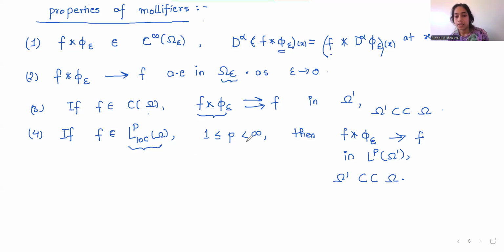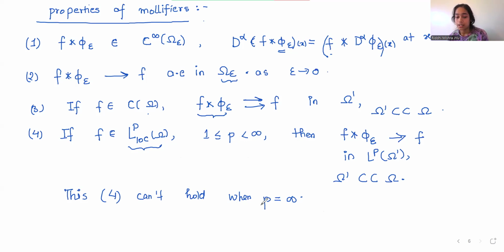And you can see here I'm not including p equal to infinity because this cannot hold. This means the fourth one cannot hold when p is equal to infinity. Why? Because L infinity is not a good class.